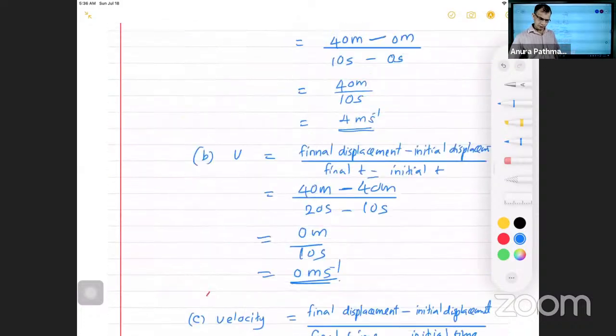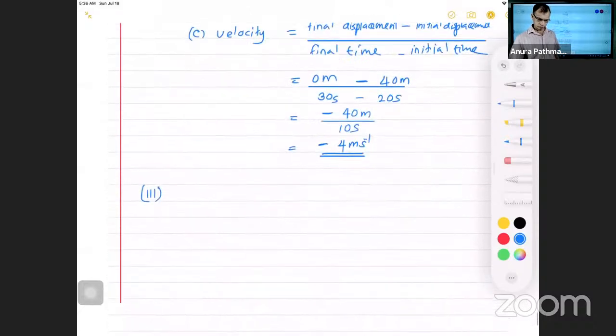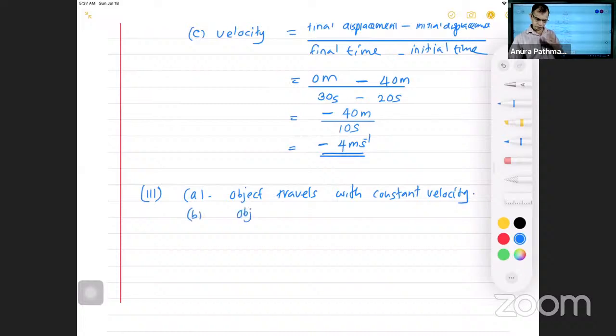A: the object travels with constant velocity. B: the object is at rest.